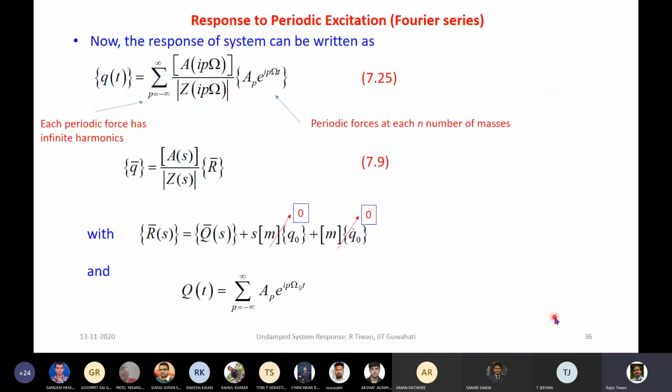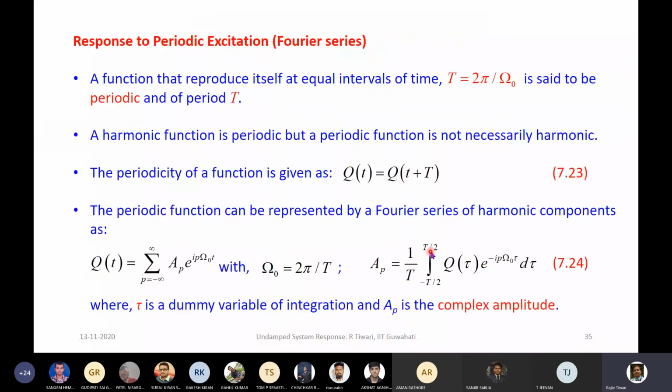So what is the advantage of this? Once we have this, what is happening? We have split the periodic excitation into a number of forces having different frequencies. So when we are talking about a system having n number of forces, each force we have split into a number of frequencies.